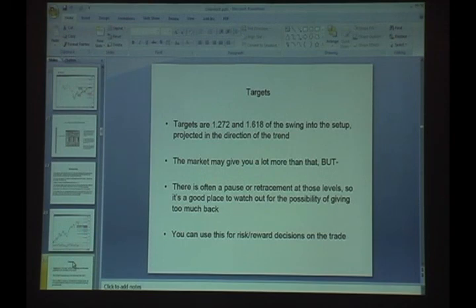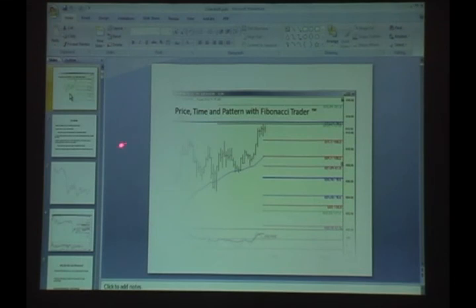If you look at the title page of the book, not the cover itself, that's something Linda added. I think I have this slide in to discuss later on. This was the mini Russell contract. Russell's another stock index future. On this particular day, assuming you're a day trader and not looking to hold an overnight position, this 1272 target was hit to the tick. That is a really great spot to close your position.